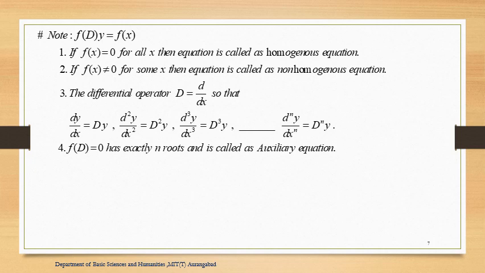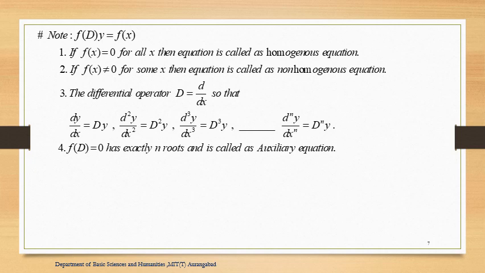Third point is the differential operator D is equal to d by dx, so that dy by dx, that means the first order derivative of y with respect to x, is equal to Dy, then d square y upon dx square, that means the second order derivative of y with respect to x, can be written as D square y.